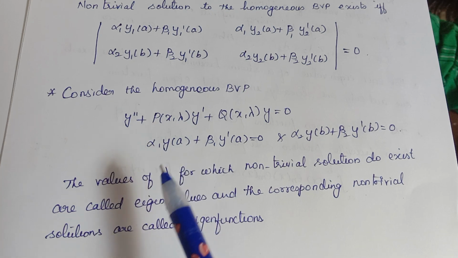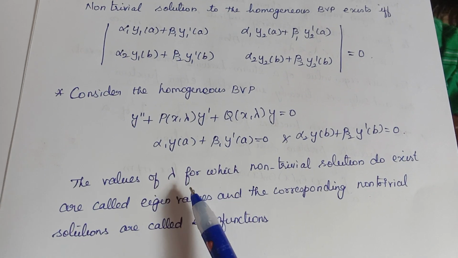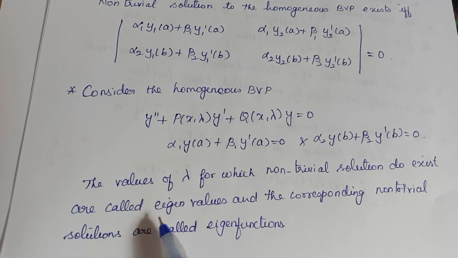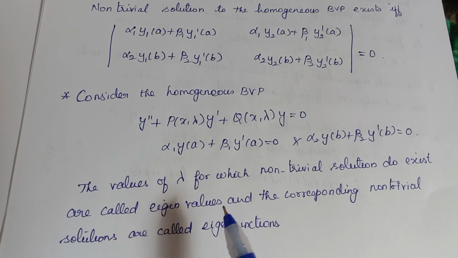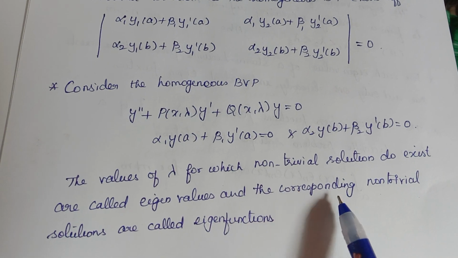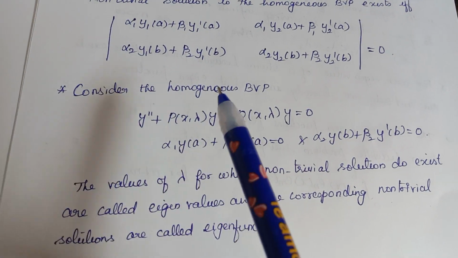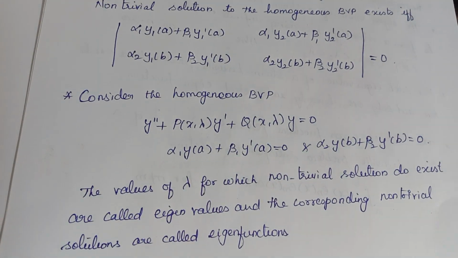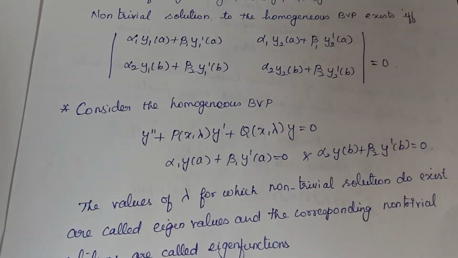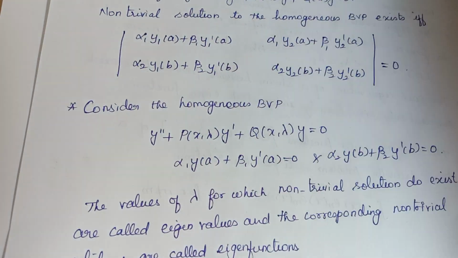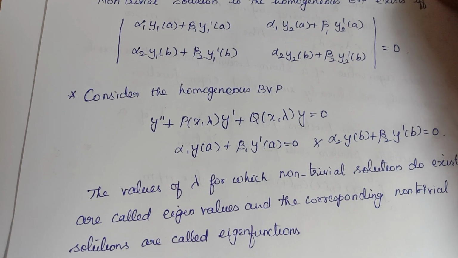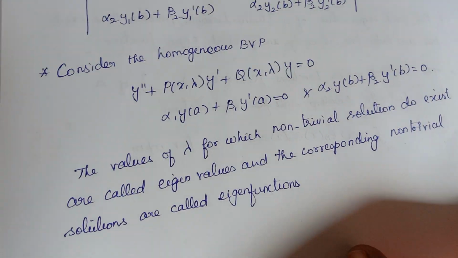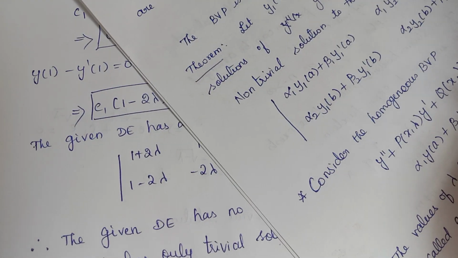A non-trivial solution exists only for certain values of lambda, and these lambda values are called eigenvalues. For that particular lambda you have one solution of this equation, and that solution is called an eigenfunction. So the values of lambda for which the solution exists are called eigenvalues, and the respective solutions are called eigenfunctions.